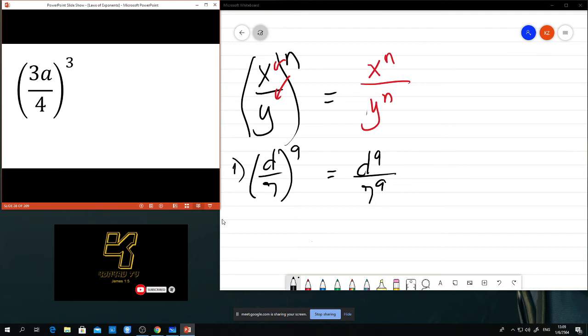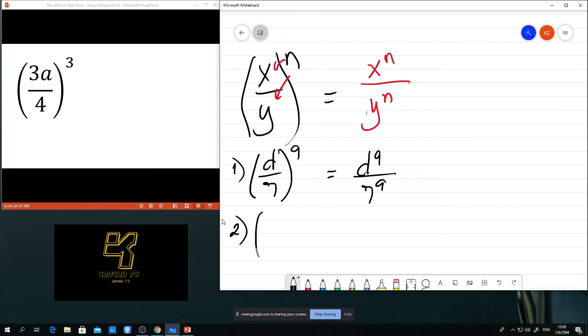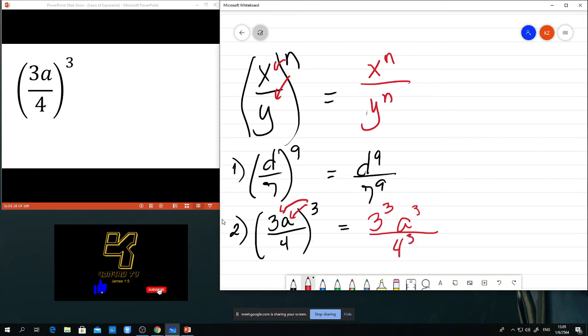Okay, number 2. We have 3a over 4, quantity to the power of 3. For this one, I will answer it first. So 3 to the power of 3, distributive, right? Then a to the power of 3 over 4 to the power of 3.